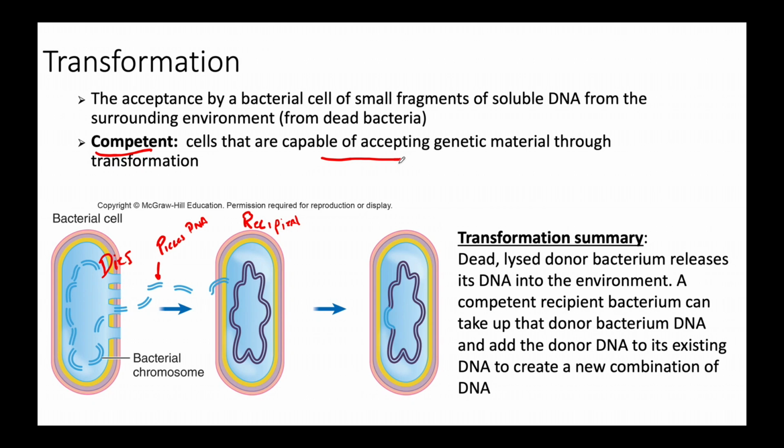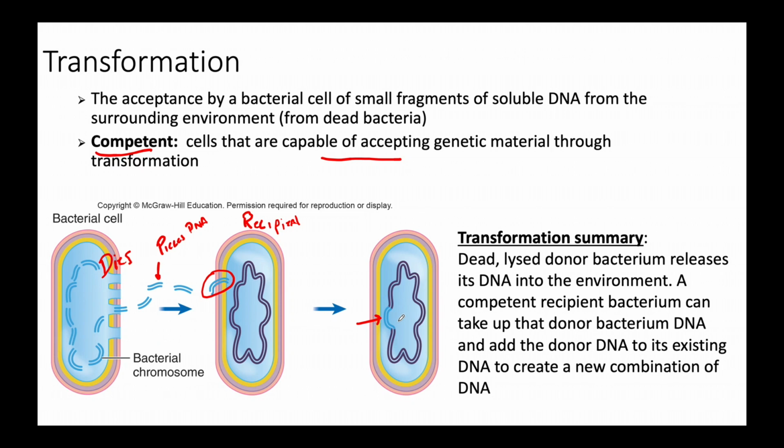Here's the process of transformation: a piece of donor DNA is being taken up. And not only is it taken up by this recipient cell, it can be incorporated into its chromosome and then used just like all the other parts of the chromosome.